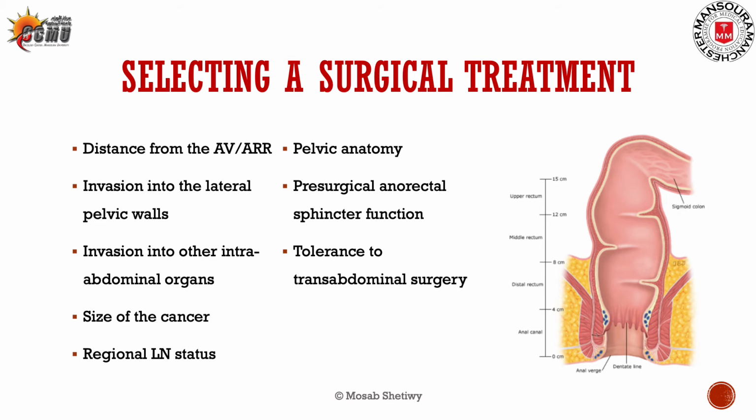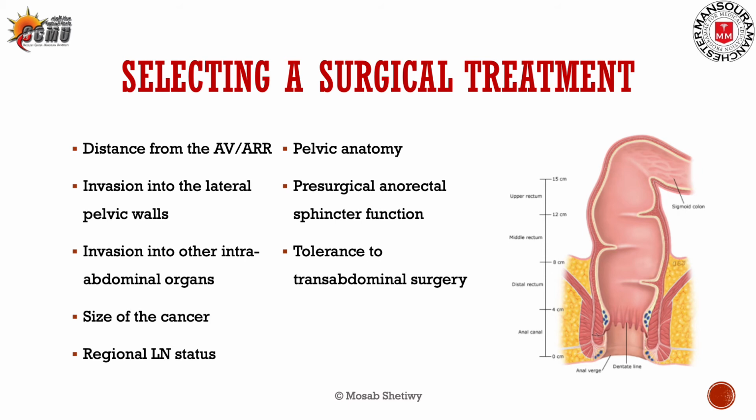The higher the distance, the easier the surgery, and the lower the distance, the more difficult the surgery will be. Also, invasion into the lateral pelvic walls, which is radial extension of the disease, invasion into other abdominal organs, the size of the tumors, the lymph node invasion, as well as pelvic anatomy. For example, in males, surgery is more difficult because obese males tend to have a very narrow pelvis, making transabdominal surgery very difficult compared to females.